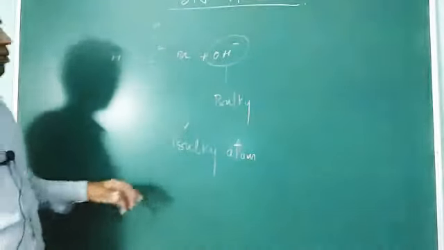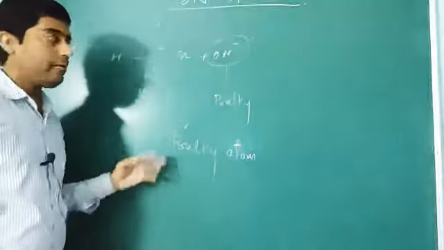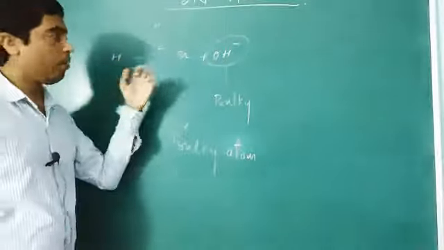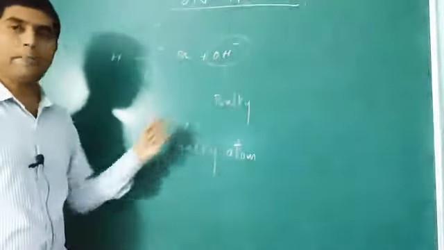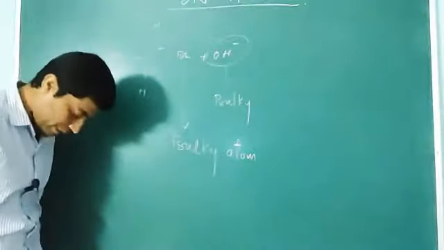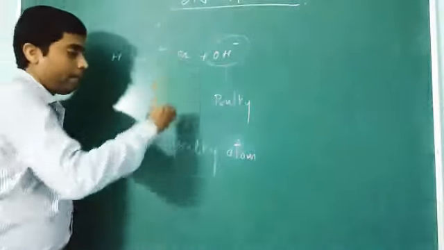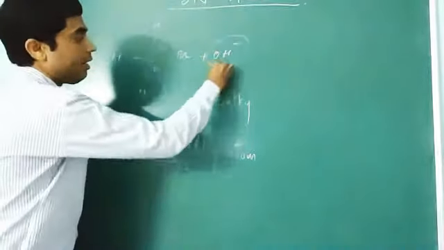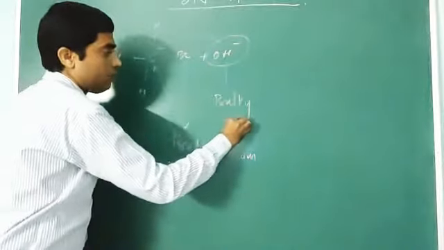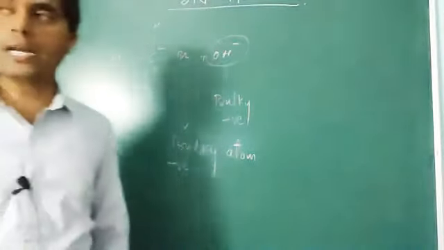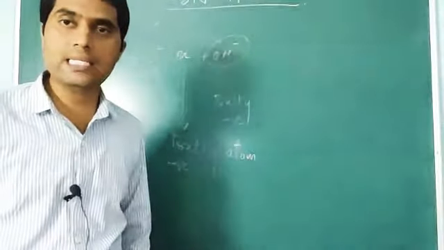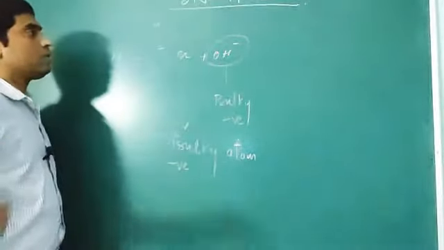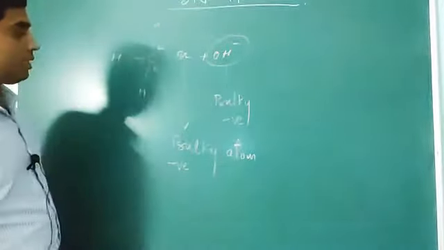Both the leaving group and the incoming nucleophile are bulky. And one more important thing: bromine is electronegative and the nucleophile is also electronegative, both carry negative charges, both are electron rich species.